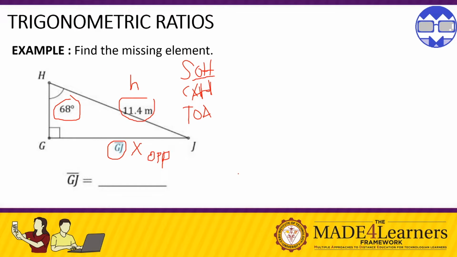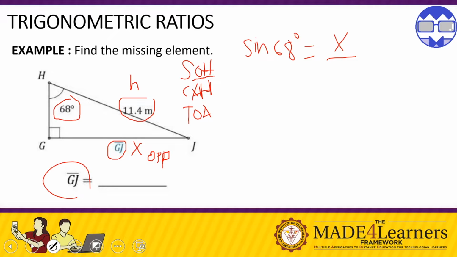So we'll be using sine. We have sine of 68 degrees equals opposite, which is X, the thing we're looking for, over our hypotenuse, 11.4.